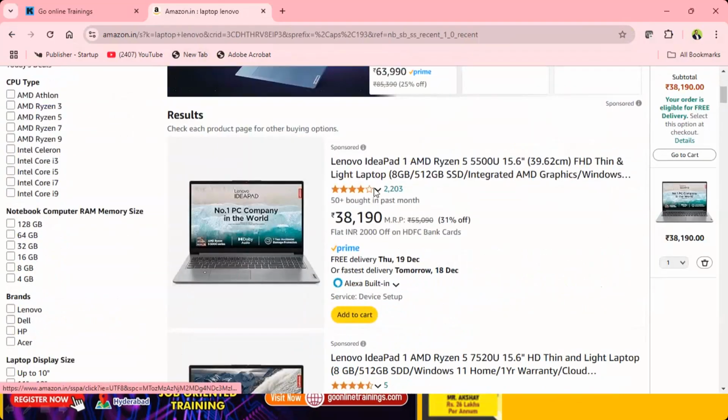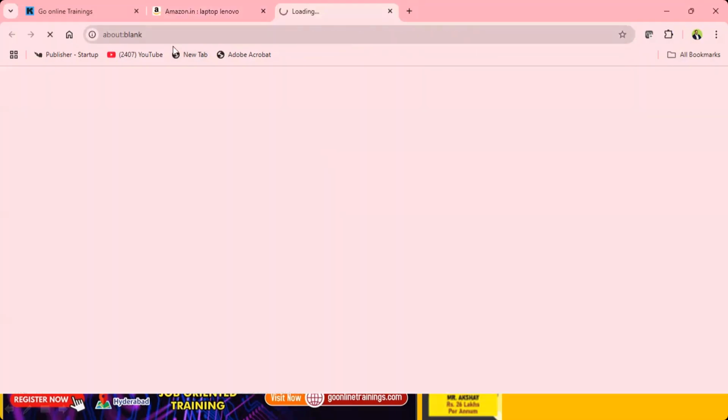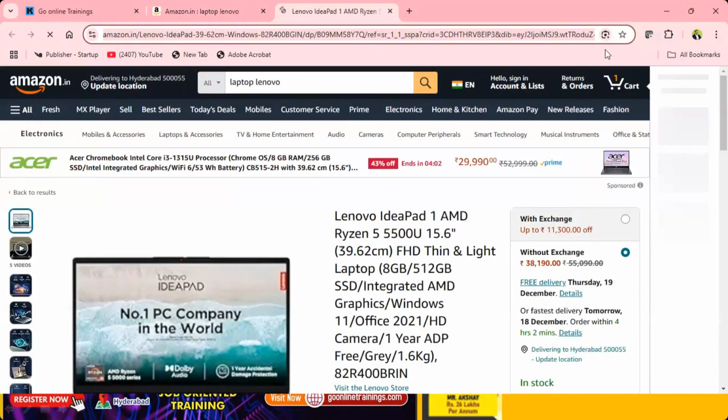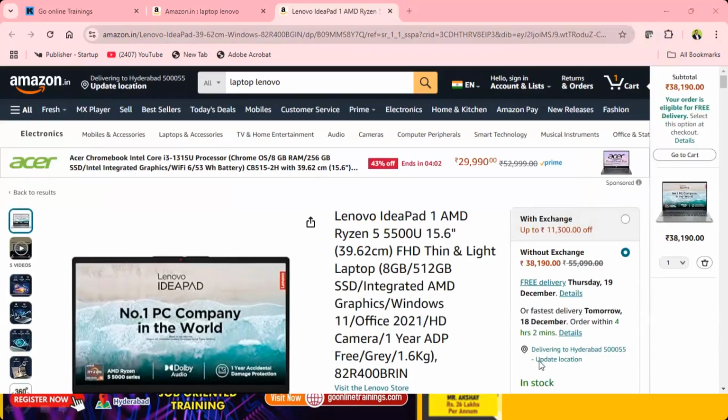You can go for this Lenovo at 38,000. Ryzen is fantastic, with 8 GB RAM, 512 GB hard disk, and AMD graphics. Windows 11 is needed. 35,000 is sufficient, but 38,000 is a bit costly. You can click and take this configuration, and I'm giving it to you in the chat window.